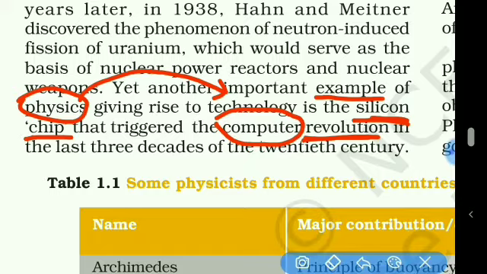The memory power of the computer increased, and the calculation power was increased. All this is due to the silicon chip.